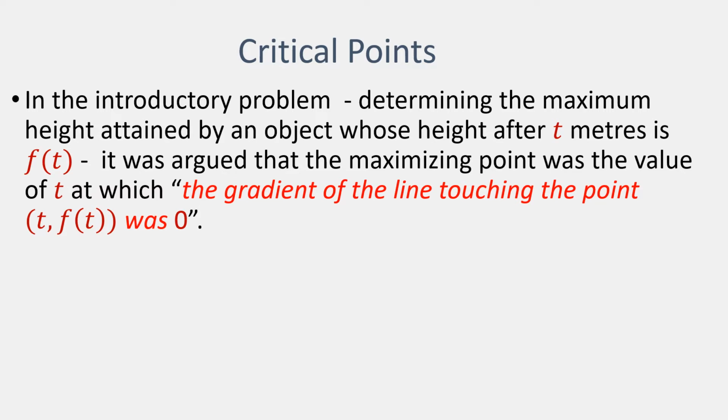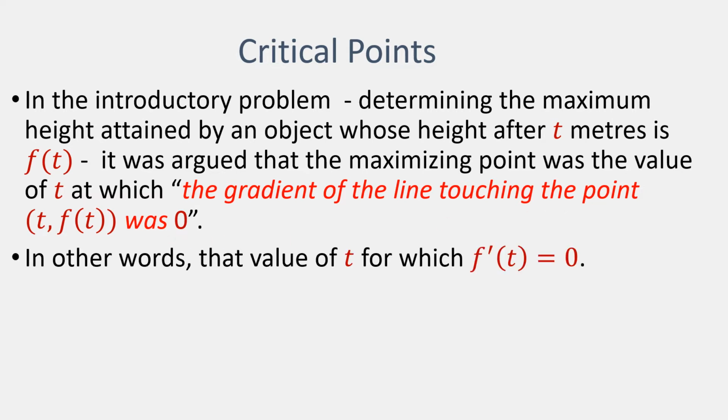And we argued that this maximum height was reached when the gradient of the line touching the point at the maximum height was 0. In other words, from what we saw when we introduced the notion of first derivative, that's the point at which the value of the first derivative of our function is equal to 0.